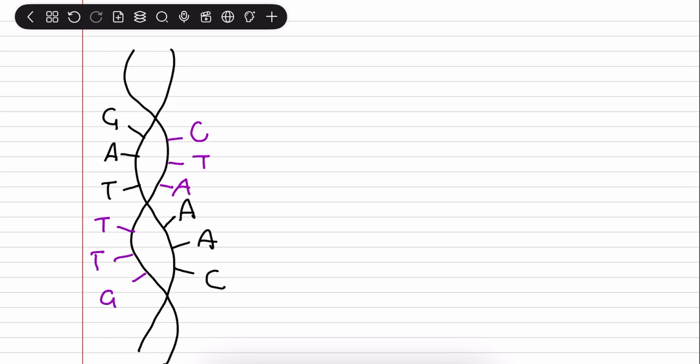Now the first step again, like we did, we need to unwind the strand. So let's take one strand. Let's take the black strand because that's better for when we start to switch it up a bit later. So my strand from the DNA was G, A, T, A, C. I haven't changed anything.